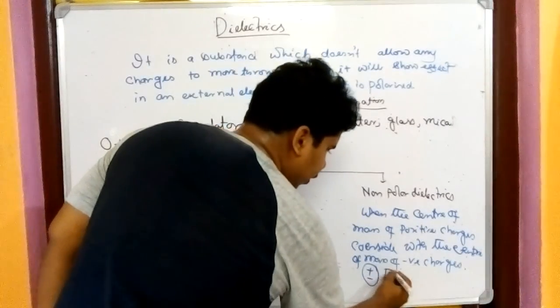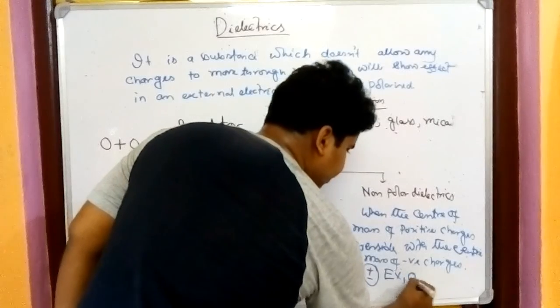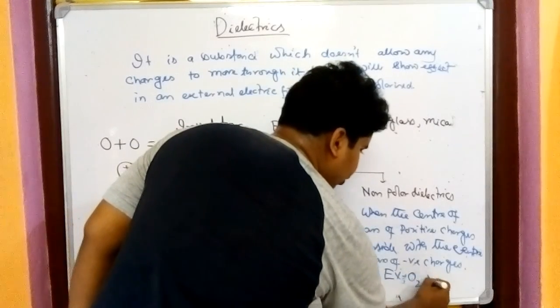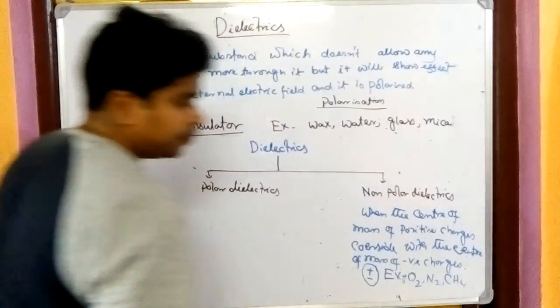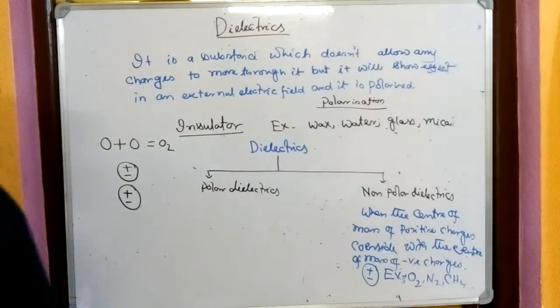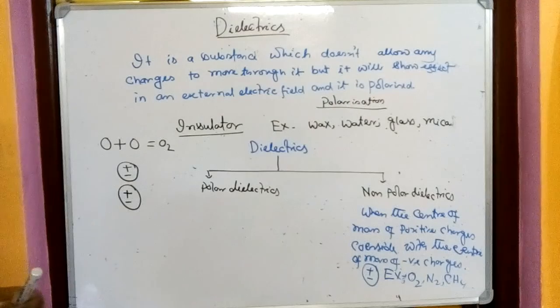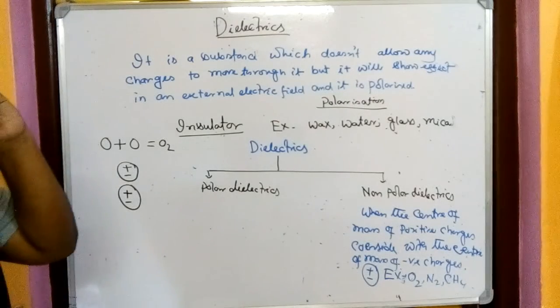Examples are oxygen, nitrogen, methane. These are examples of non-polar dielectrics.